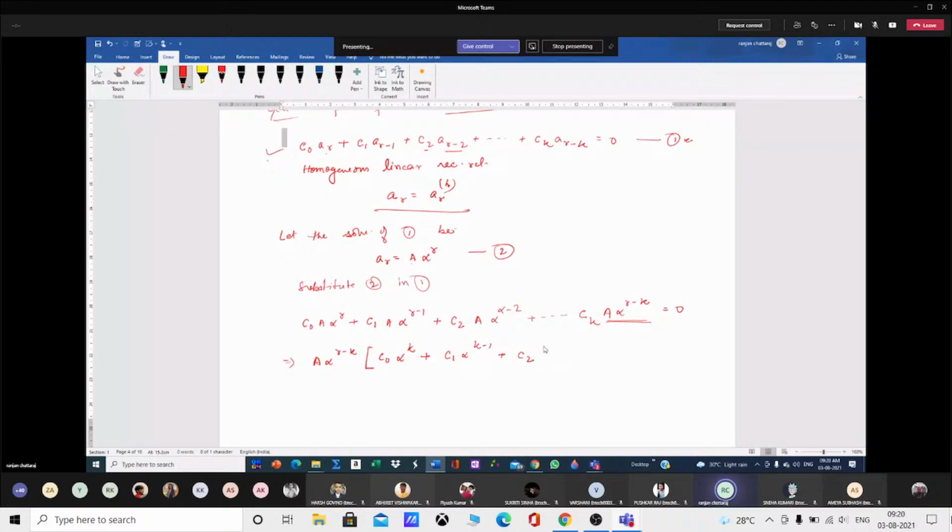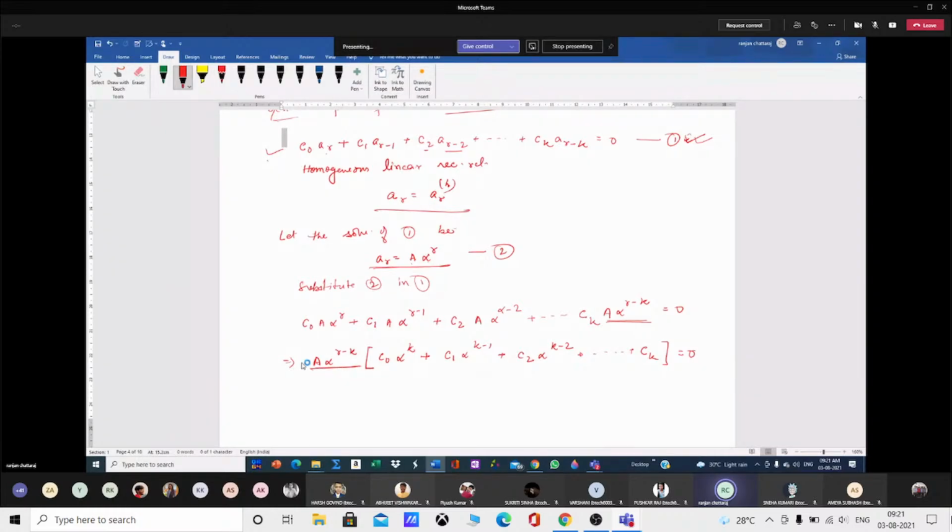This is C_{k-2}. And this becomes, now you see, we are taking a non-trivial solution of the recurrence relation 1 given by 2. So this quantity should not be 0.